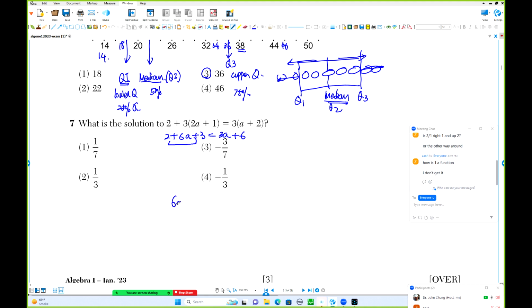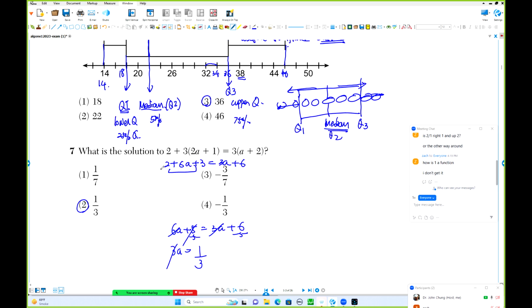Simplify this one first: 6A plus 5 and 3A plus 6. Now separate, because this is linear, right? Variable terms and constant terms should be separated. Minus 3 out, this is 3A. Minus 5 out, this is 1. After that, divide by 3. That's the solution. Okay? 1/3 is the solution.